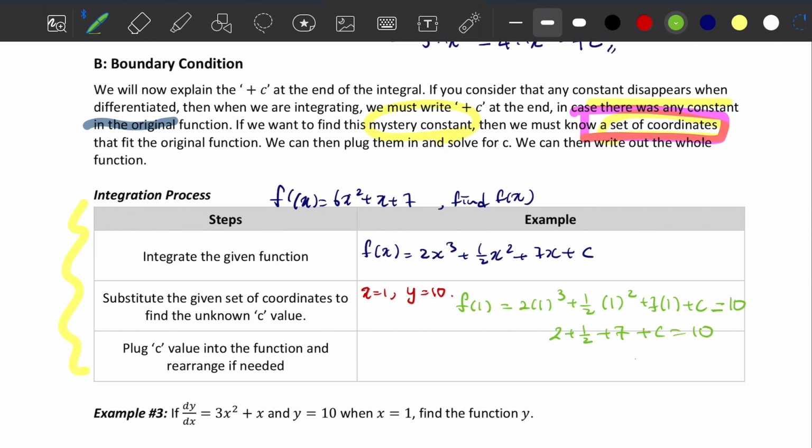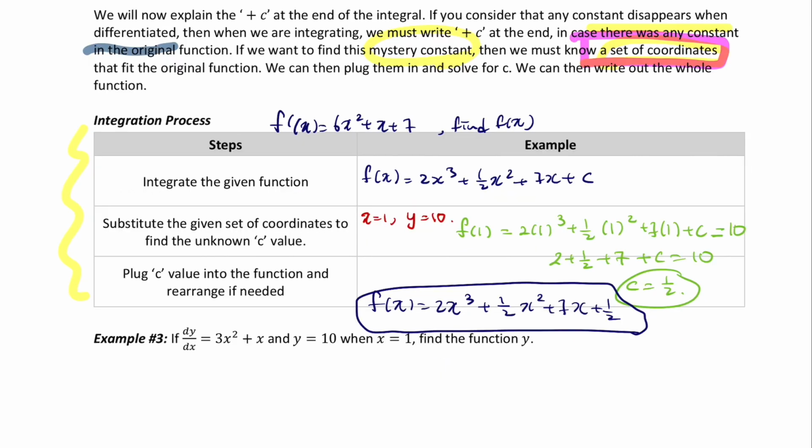That means your c value is equal to 1 over 2. Once you have found your unknown c value, you simply have to plug that value into the function and rearrange it if needed. So you just plug it back like this, and you're done with finding the original function.